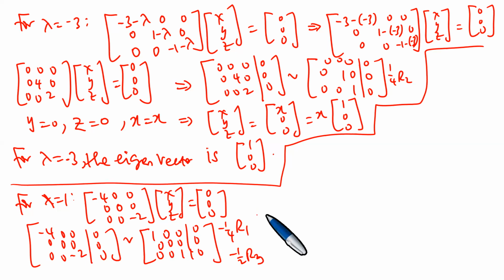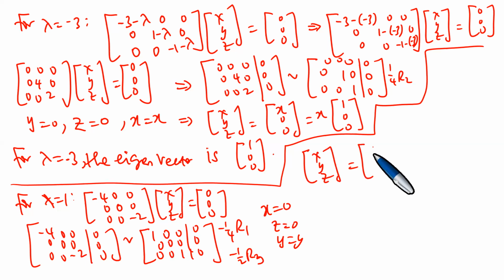Okay, the conclusion therefore at this point is that x is 0, z is 0, y is y. So x is 0, y is y, and z is 0. Pull out y, which is 0, 1, 0.